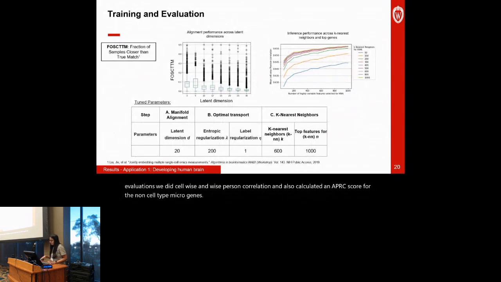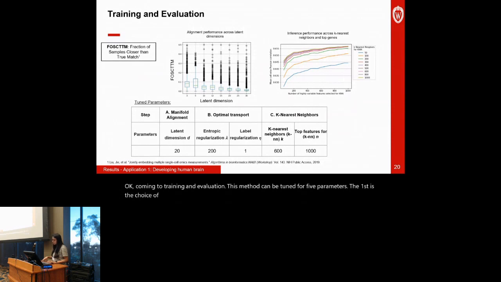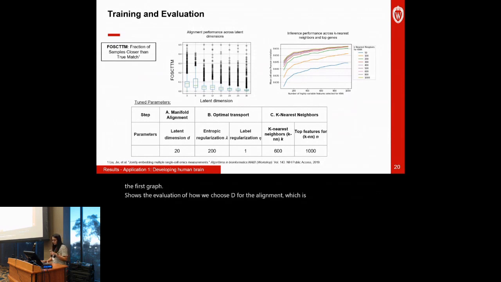Okay, coming to training and evaluation, this method can be tuned for 5 parameters. The first is the choice of the latent dimension that we want to use for step A, which is manifold alignment. So the first graph shows the evaluation of how we choose D for the alignment, which is evaluated using the score called fraction of samples closer than true match.